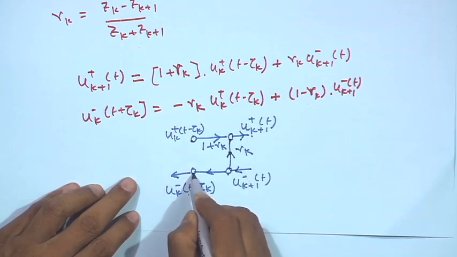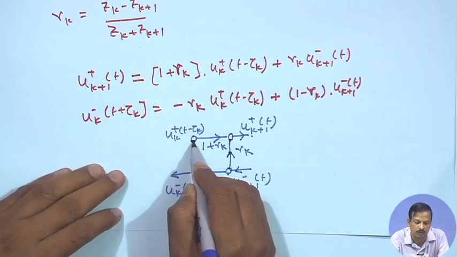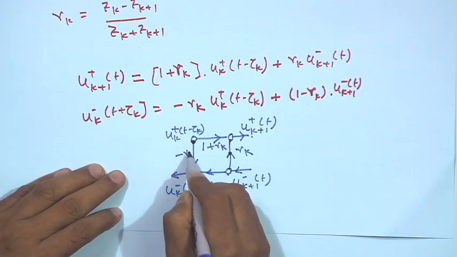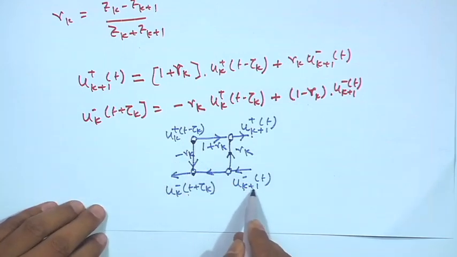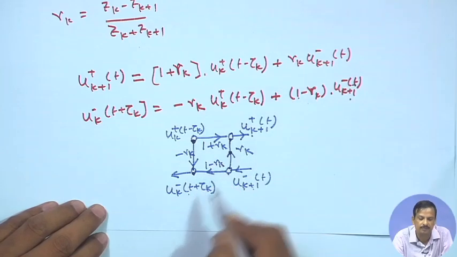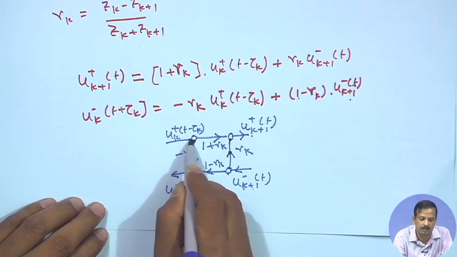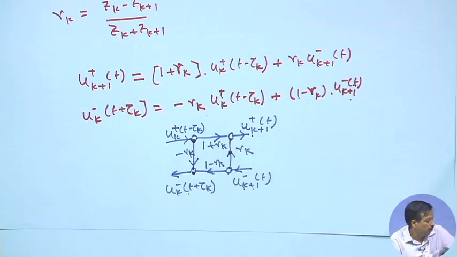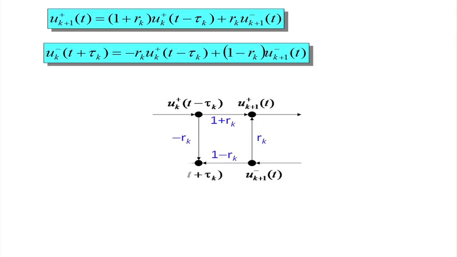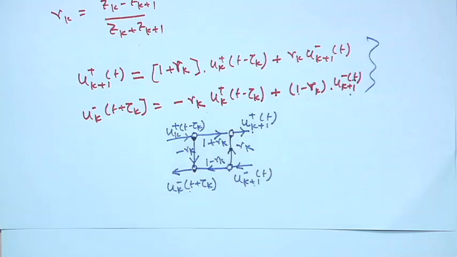Then I want to know this signal. This signal is nothing but u_k^+(t minus tau_k), which has to be multiplied by minus r_k, and this signal u_{k+1}^-(t) has to be multiplied by 1 minus r_k. I get the junction diagram. So, this is the junction diagram I have drawn here. Once I know these two equations, I know the junction diagram, with 1 plus r_k and 1 minus r_k.